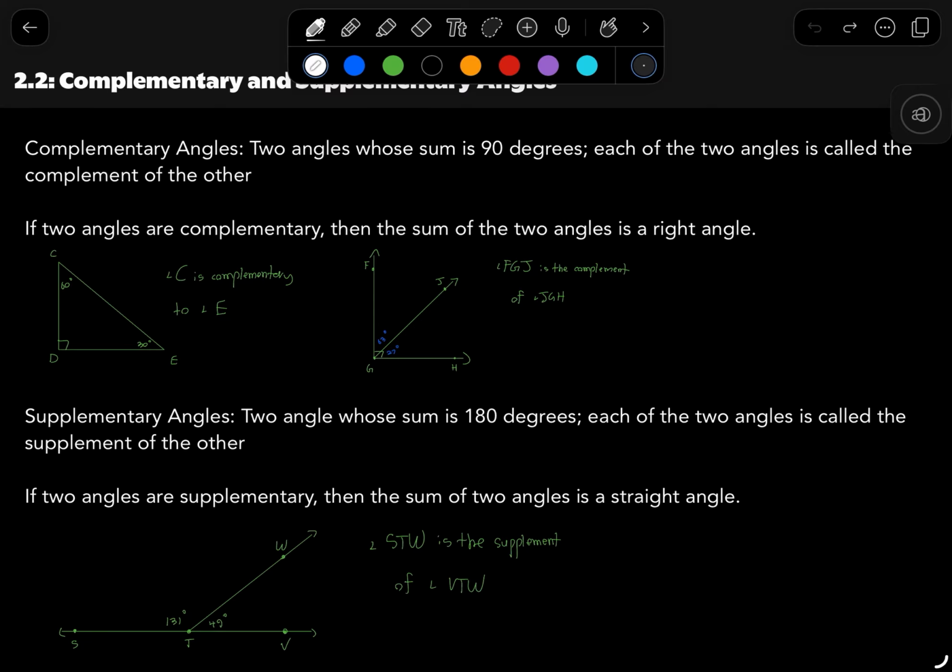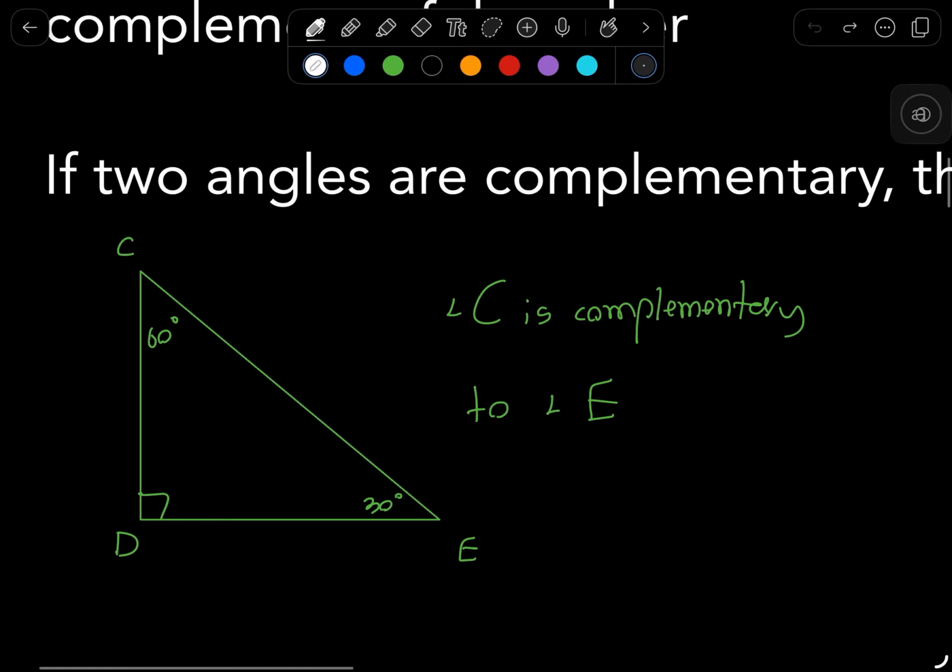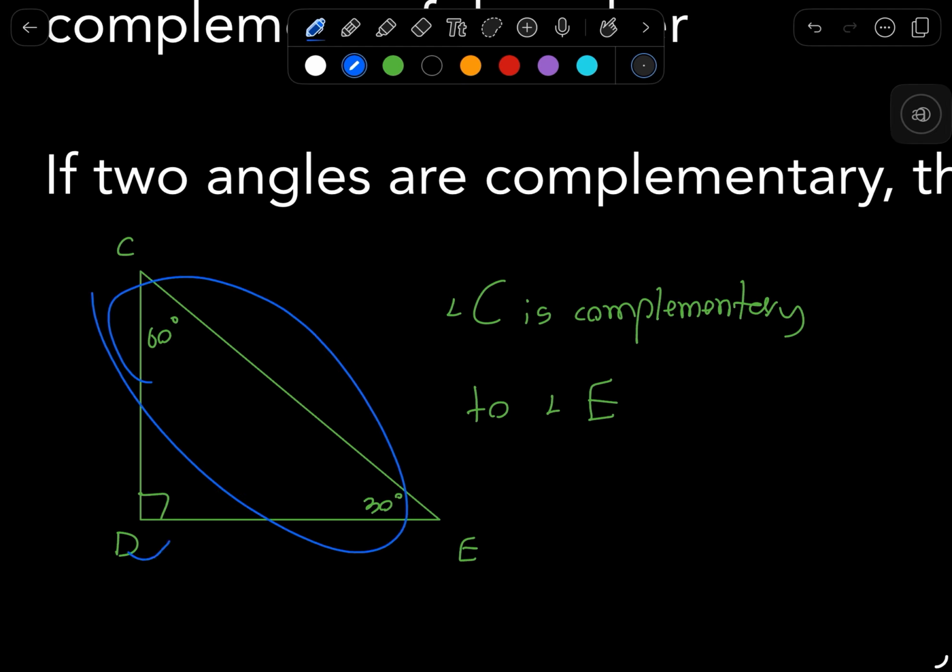So, for example, in this diagram, you have a 90-degree angle there, and remember how the angles in a triangle add up to 180. That means these two add up to 90, and these two groups together add up to 180.